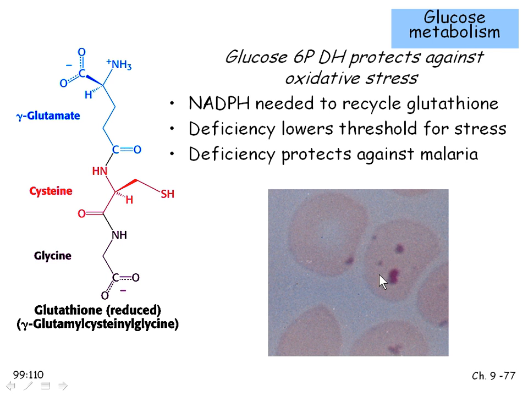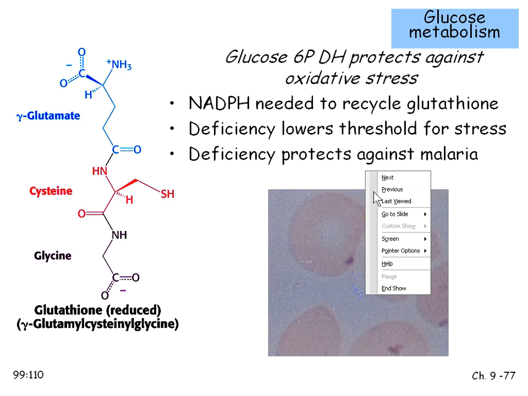So if you're heterozygous for this, it's protective. Very different chemical strategy from sickle cell hemoglobin, but the same outcome of trying to protect the heterozygotes from a common and very damaging disease.